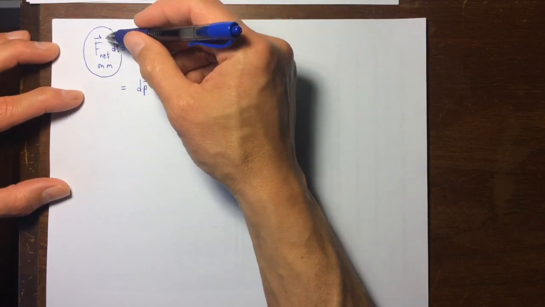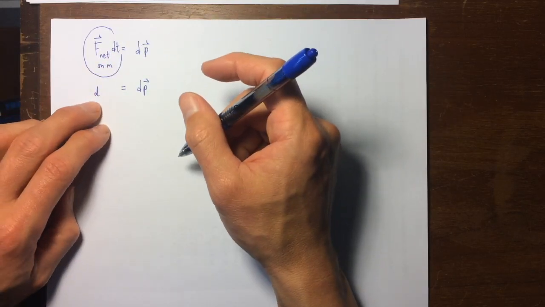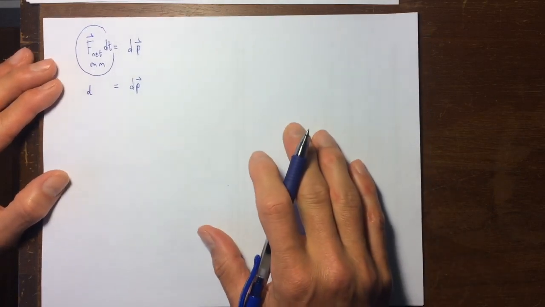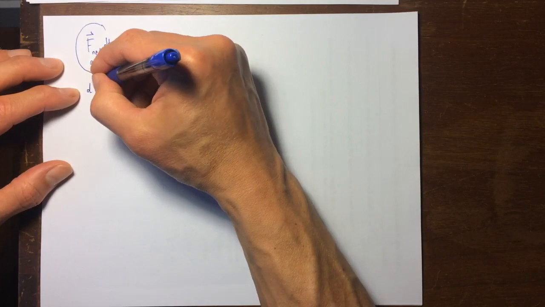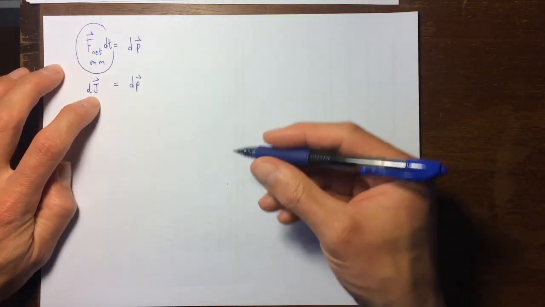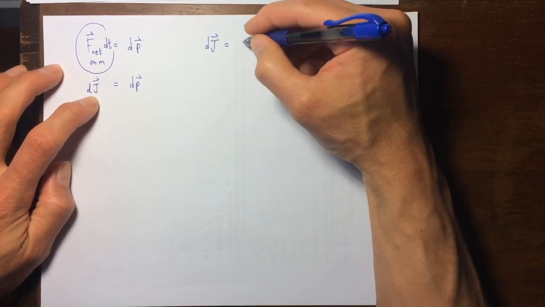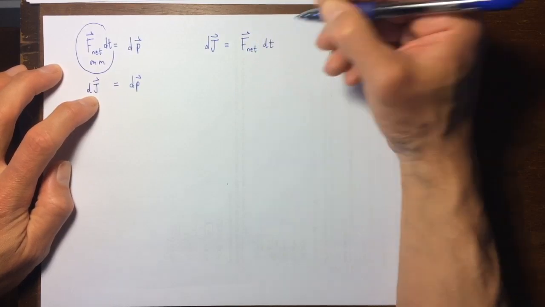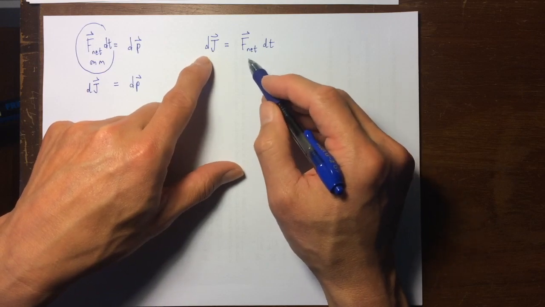It's got to be a calculus thing. It's a d, and it depends on the textbook you look at, but in the course that these videos are for, the symbol is capital J. So dJ is equal to the net force times dt. So these are both infinitesimal calculus quantities that happen to be vectors.